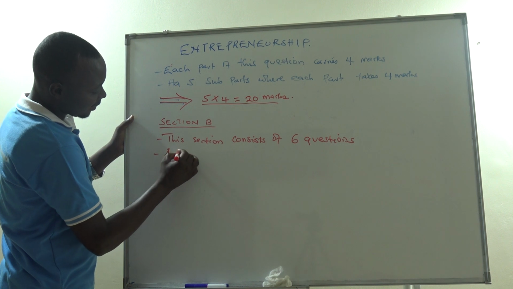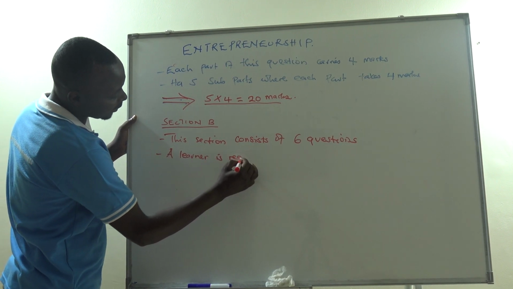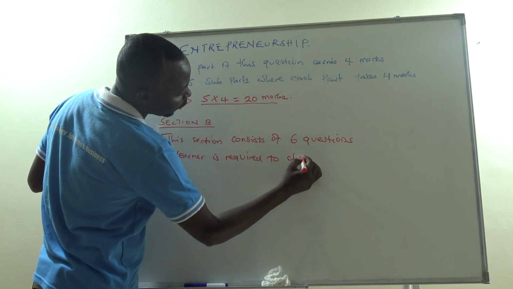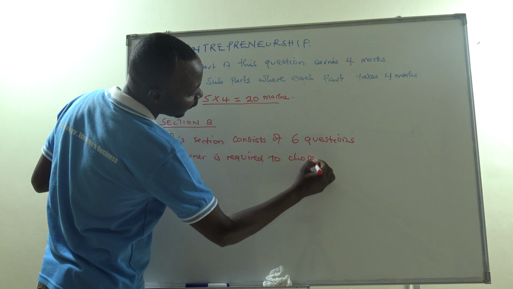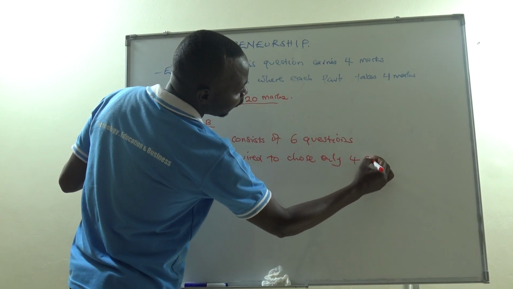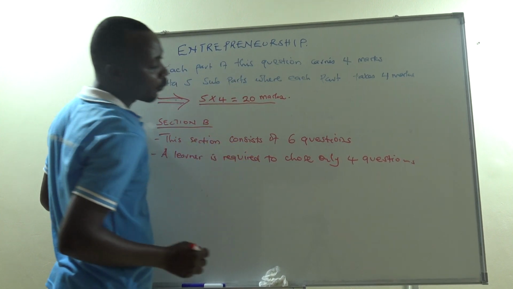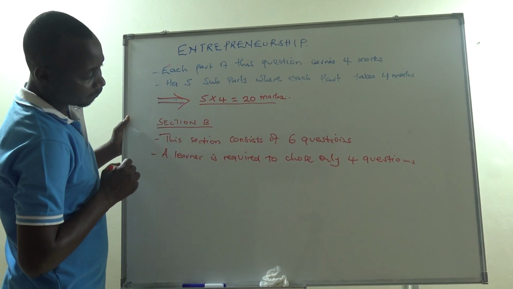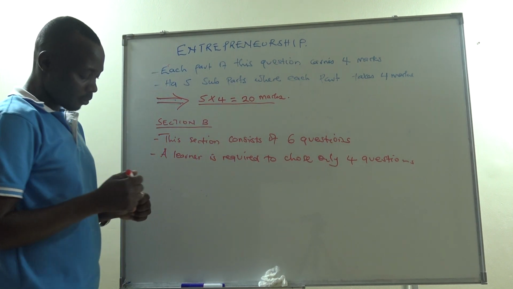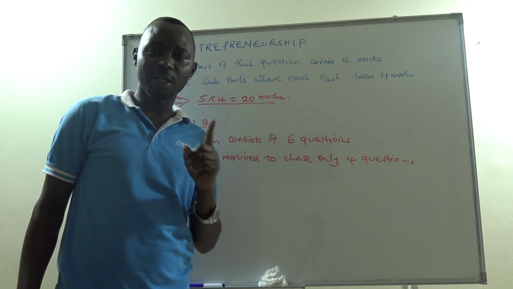A learner is required to choose or attempt only 4 questions from section B, meaning a learner chooses 4 out of the 6 questions which are examined.